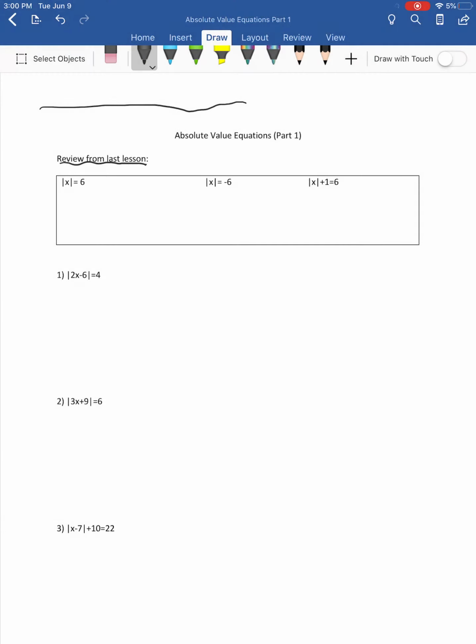Well, if we look at a number line, positive 6 is 6 spaces away from 0, but so is negative 6. Negative 6 is 6 spaces west of 0, and positive 6 is 6 spaces east of 0. But they're still 6 spaces. And like we said, absolute value tells you the number of spaces away from 0. So x is going to be 6 and negative 6.